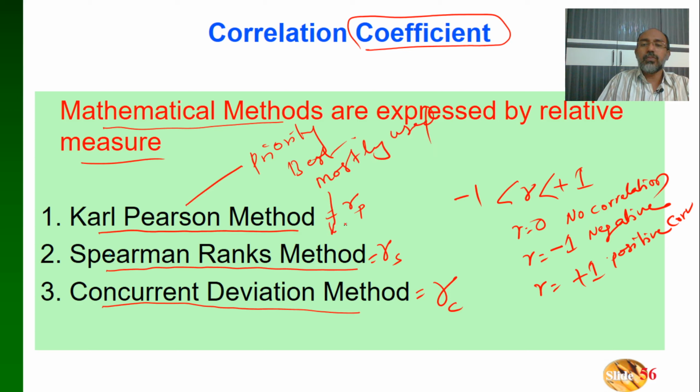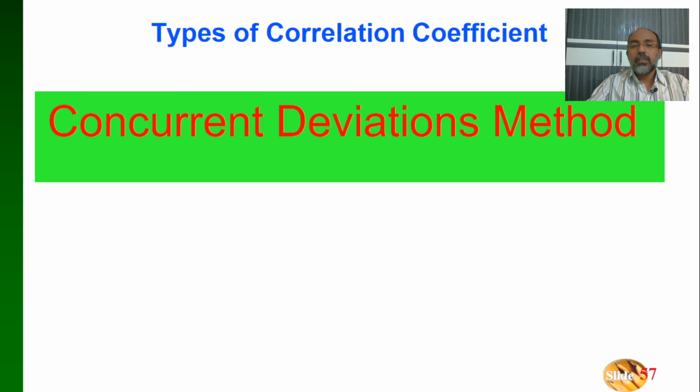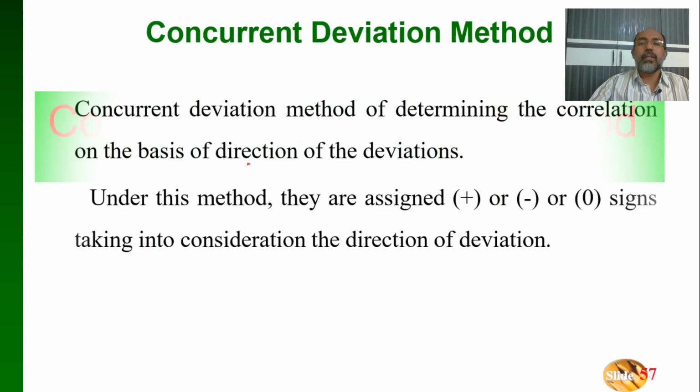Then the second is Spearman rank. Concurrent deviation is not so prominent, but it is also used in finding the correlation coefficient. So we are dealing with the concurrent deviation method.